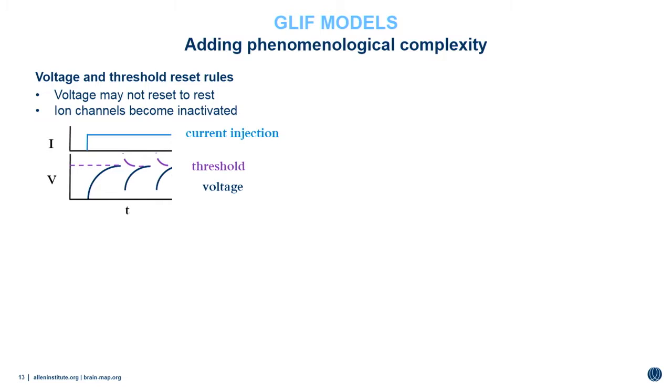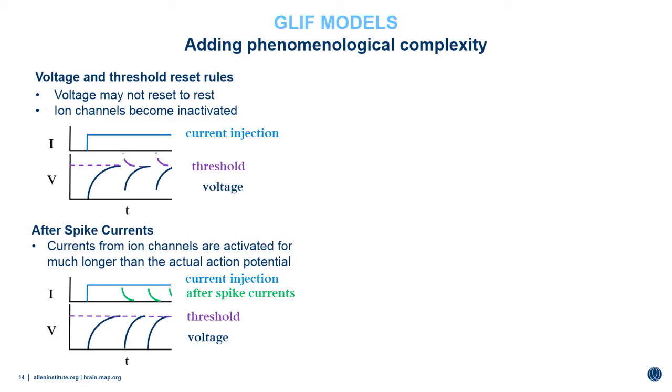When the neuron spikes, it resets, but it resets to a voltage that's not rest. It's something that we've measured from the data. And correspondingly, ion channels can become inactivated. We can model that by an increase in the threshold when the neuron spikes, or the model spikes. And again, we fit this directly from the data.